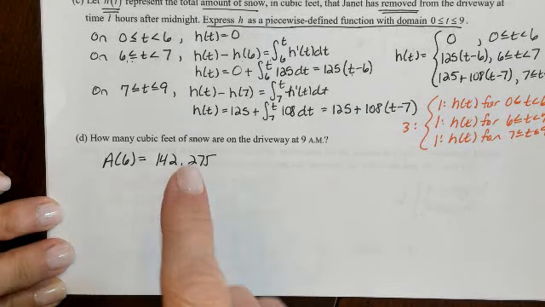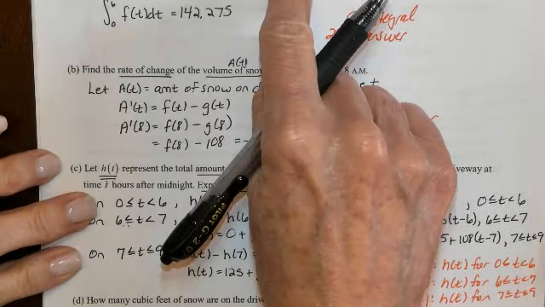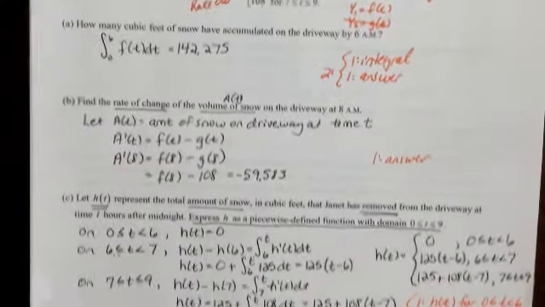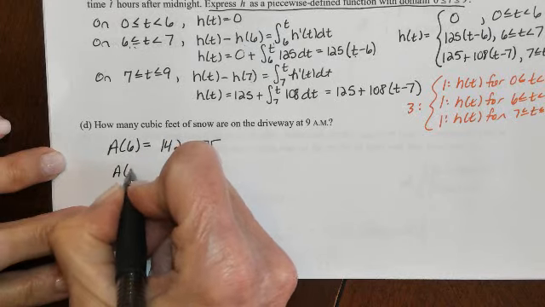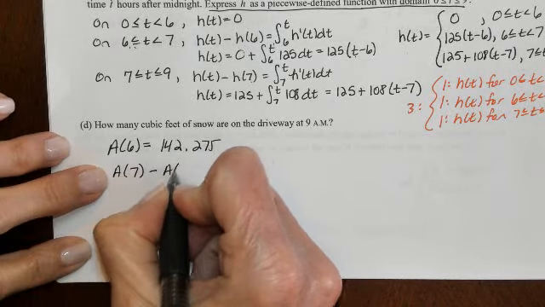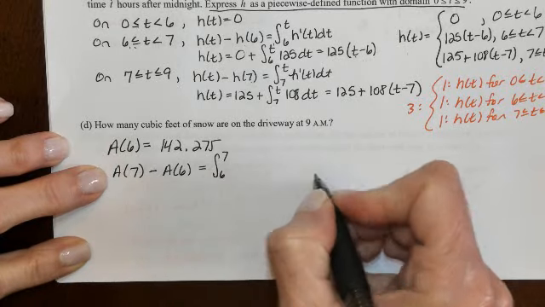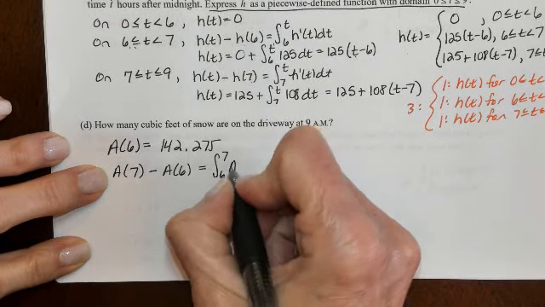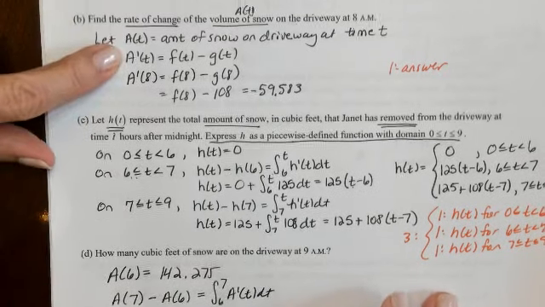Okay? So I'm going to go to my first little time segment. I'm going to set up the first fundamental theorem. The amount at time 7 minus the amount at time 6 must equal the integral from 6 to 7 of A prime. And A prime, I set up here what A prime was.